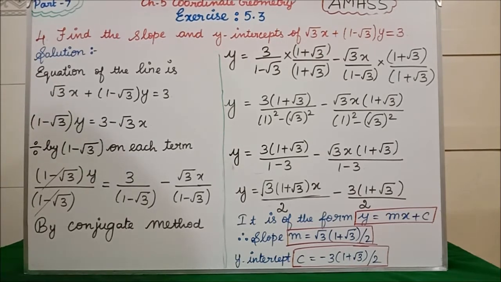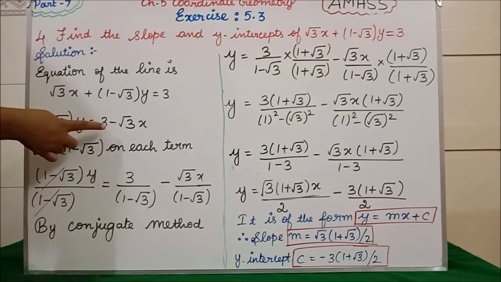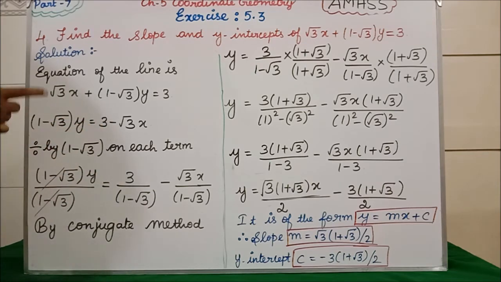Here the next step, whatever value you have before y, you are going to divide each term by that value. The same method we did in the second problem also. So 1 minus root 3 y divided by 1 minus root 3 equal to 3 divided by 1 minus root 3, minus root 3 x divided by 1 minus root 3. Clear? Now this 1 minus root 3 and 1 minus root 3 will get cancelled.